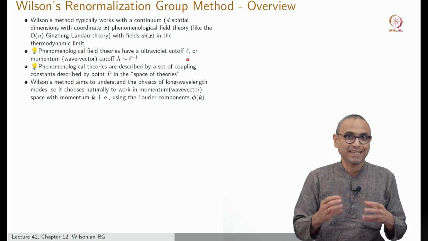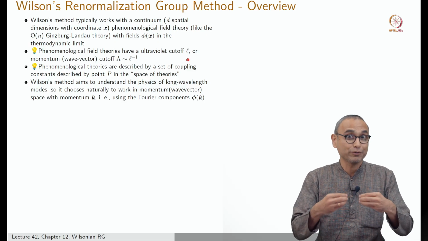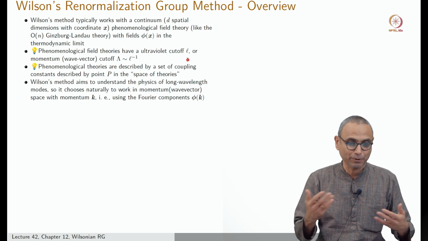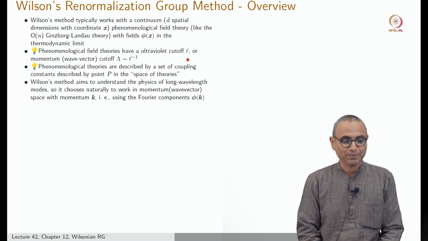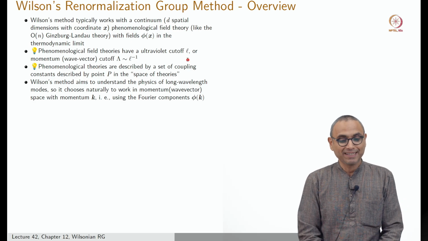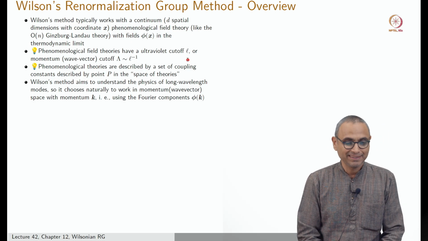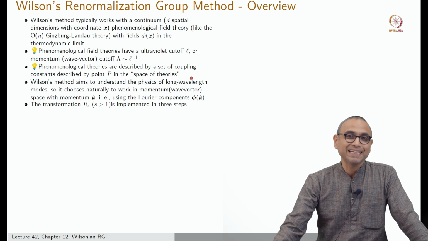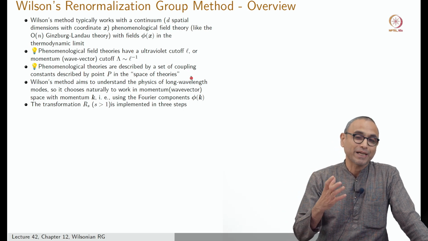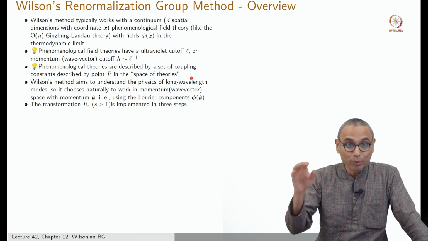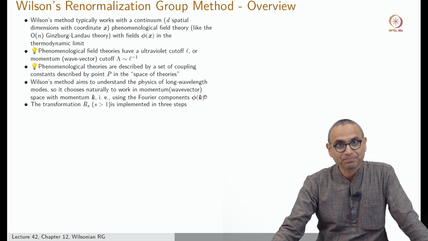Those are the modes that we are actually observing near a critical point when we do experiments, and primarily all the critical properties are governed by those. So he chooses naturally to work in momentum space and use Fourier components of the fields. The idea is that in momentum space you can distinguish between long wavelengths and short wavelengths by looking at the value of the wave vector.